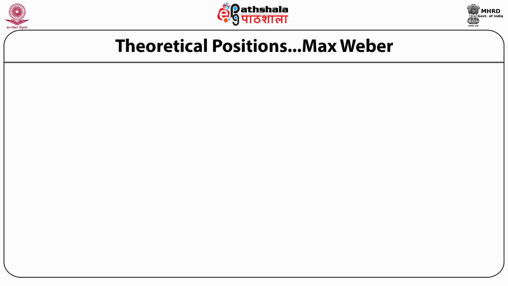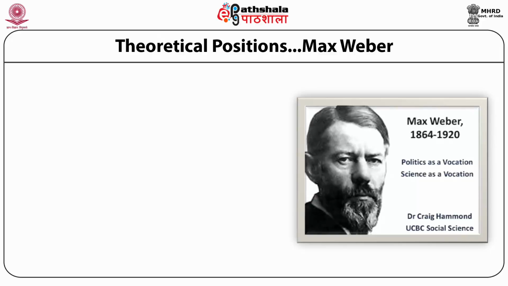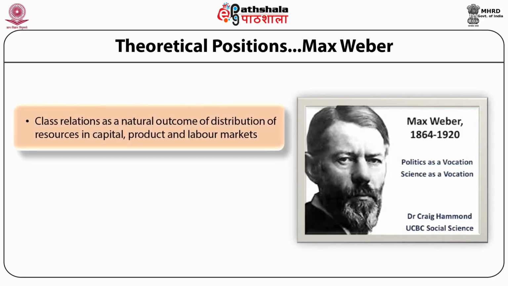Now, another very important scholar who tries to understand the relationship between class, politics, and modernity is Max Weber. What is Max Weber's position on the relationship between class and politics? According to Max Weber, class relationships are a natural outcome of the distribution of resources such as capital, product, and labor.